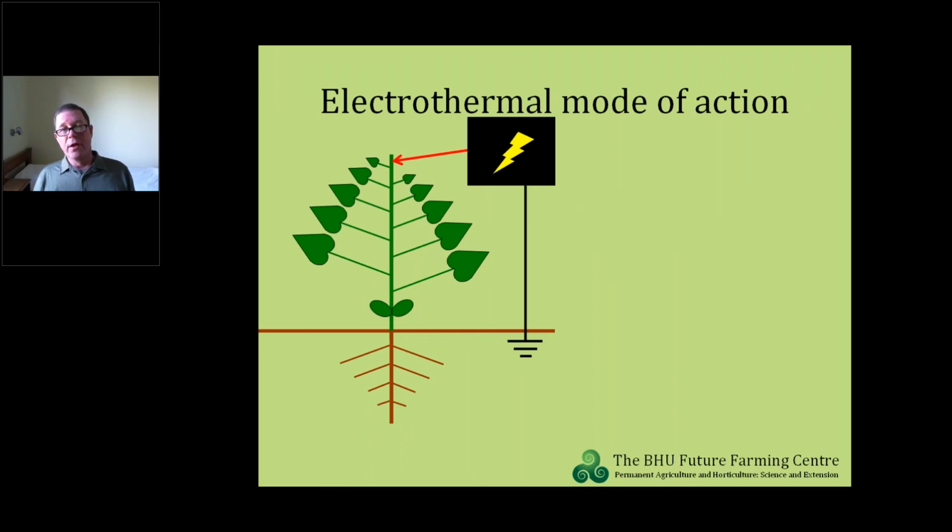Electrothermal's different. The machine is earthed in the ground, i.e. the earth, hence the name. The electricity is applied to the foliage, and it completes the circuit by the electricity traveling down through the plant stem into the roots and then back to complete the circuit of the earth.